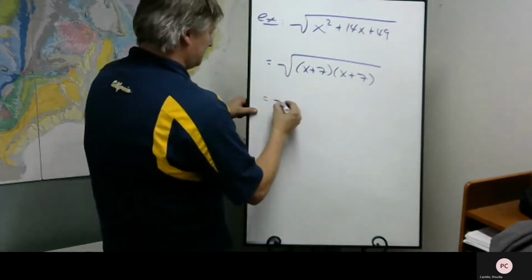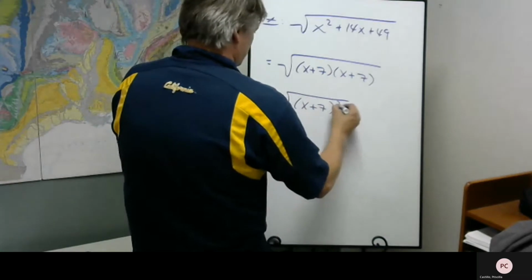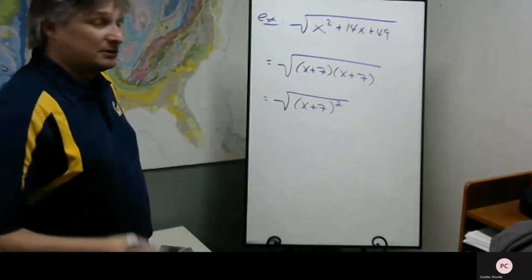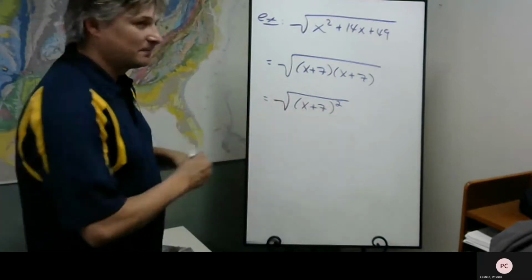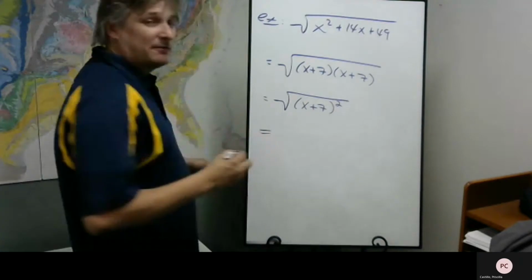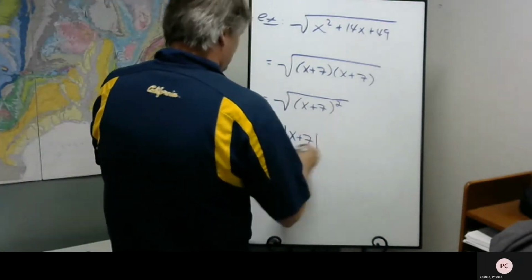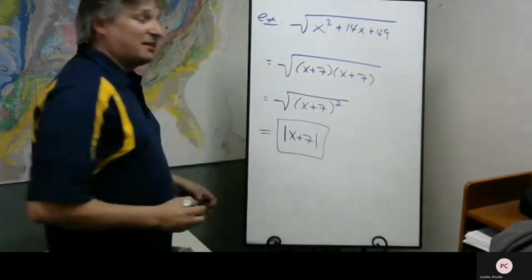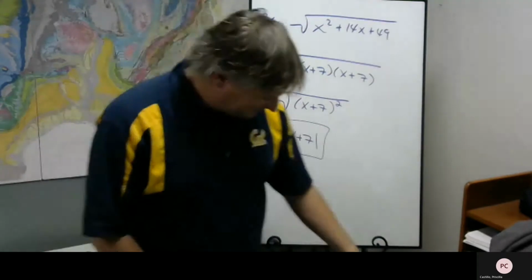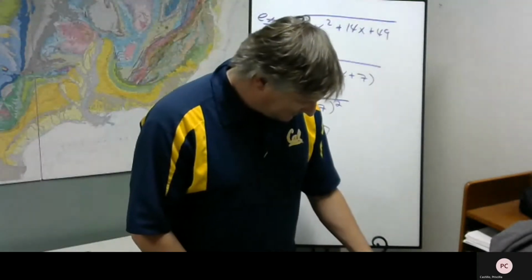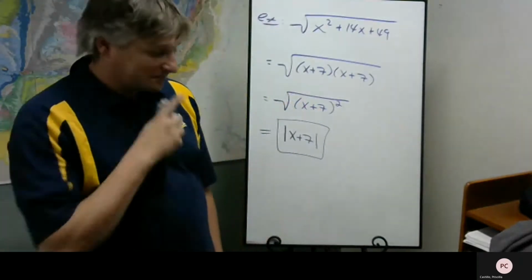So this is what we've got. Root 2, 2. That means whatever is on the inside, we take the absolute value of it. And that's going to be our answer. So questions about that?